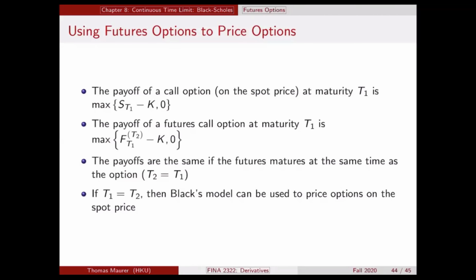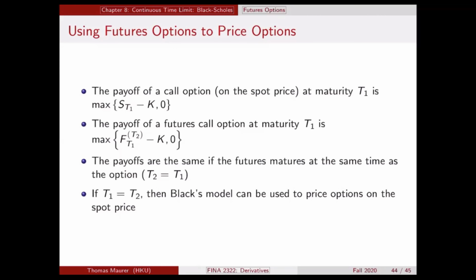Another nice thing about futures options is that if the maturity of the futures, so T2, is actually the same as the option, so equal to T1, then the futures price will be exactly the same as the spot price. So if T2, that futures maturity, is equal to T1, the futures price at maturity is equal to the price of the underlying.